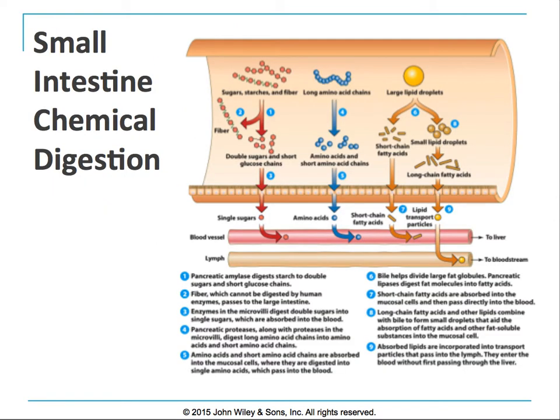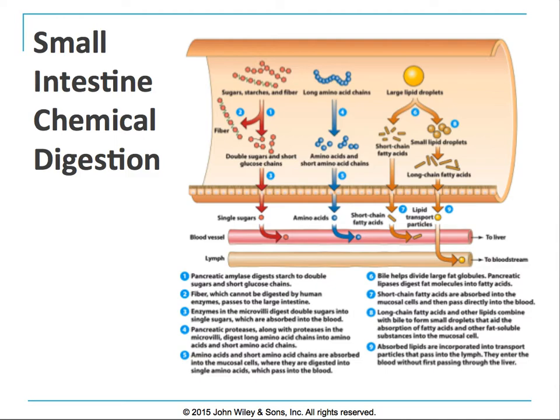This is a diagram of small intestine chemical digestion. It is right in your text. I know that the text probably appears really small here in this slide, so I'm not going to go through all of it. It is a complete summary of the last few slides that we talked about and all the digestion that occurs in the small intestine. I know that we talked about a lot.